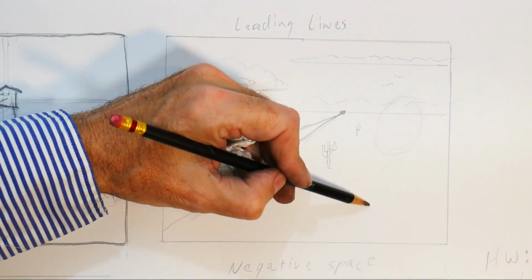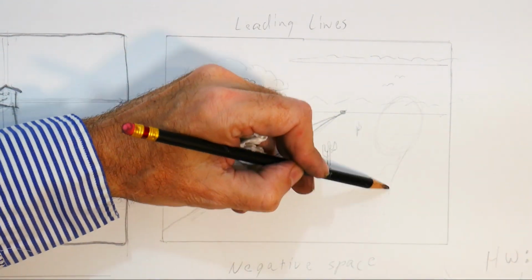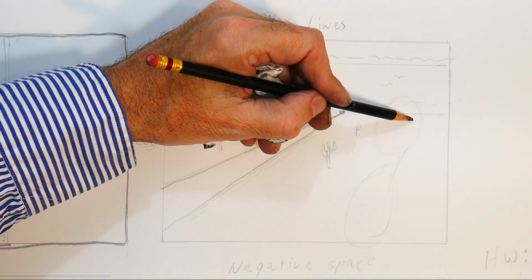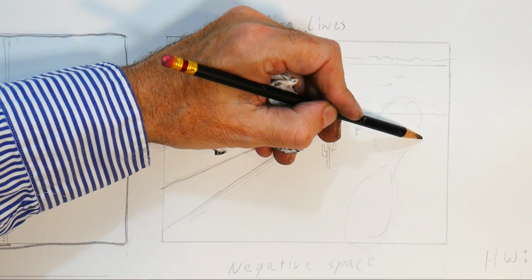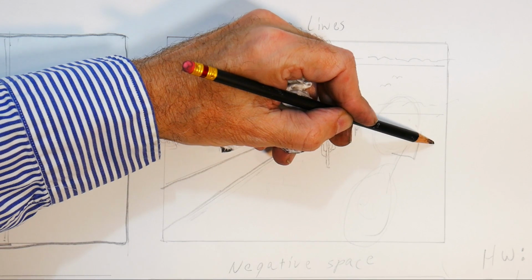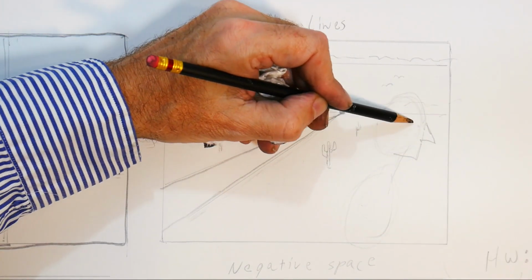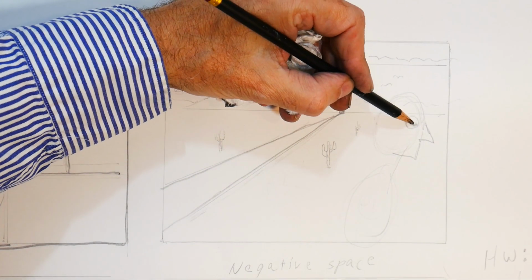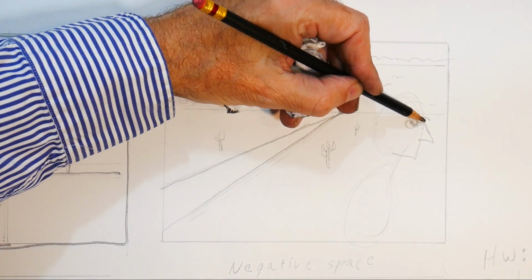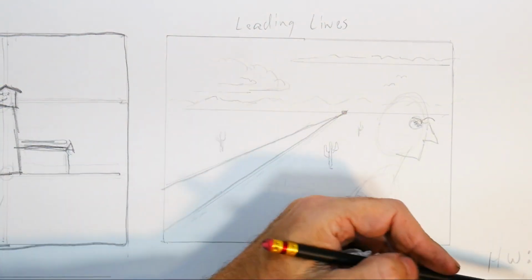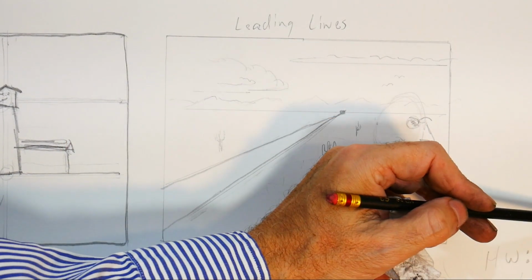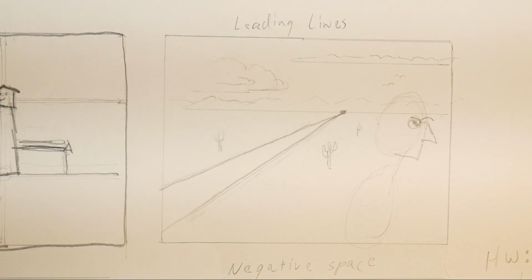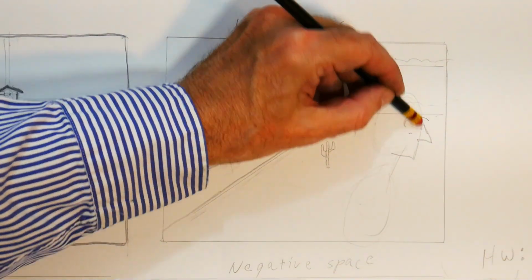For example, let's say you had a character in your drawing. Here's your character, and your character is looking off, let's say, this direction. It's very strange that he's looking off this way. It's kind of taking you out of the frame, unless you have a really good reason. You want to keep people in the frame.